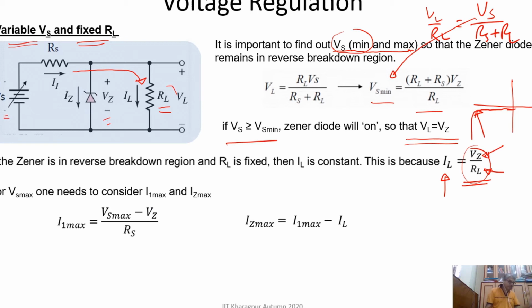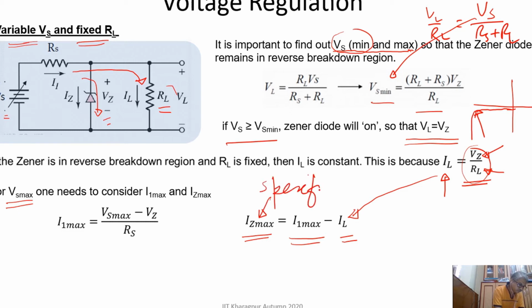If IL is constant, then we can write IZ max, because for Vs max the maximum current is flowing through the Zener, and we have to make sure that maximum current is less than IZ max. So IZ max, which is defined in the specification sheet, can be written as I1 max minus IL. IL is known from this expression, and we can find out I1 max from here, because you know the specification sheet of the Zener.